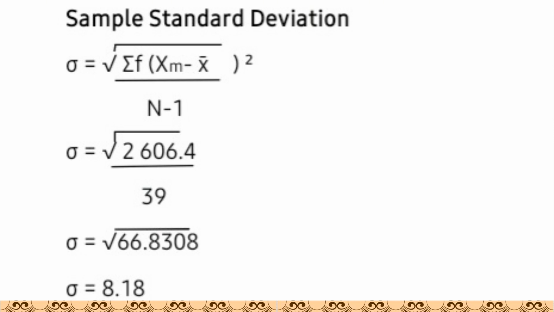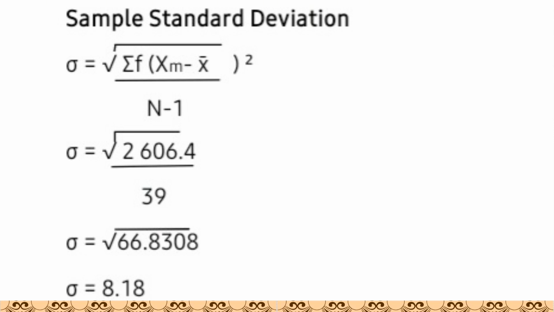To solve the sample standard deviation of grouped data, we use the formula: sample standard deviation is equal to the square root of summation of frequency of each group times midpoint values of each group minus sample mean squared, divided by sample size minus 1. The sum of squared deviations from the mean weighted by frequency is 2606.4 divided by 39.